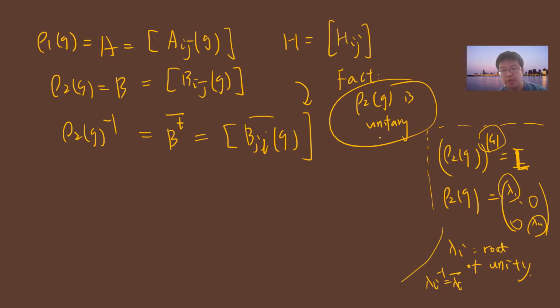So from here you can know that a group representation of a finite group can always be chosen to be unitary. Although it's not so trivial, it's not important. You can just believe what I'm saying. And this is the sketch.